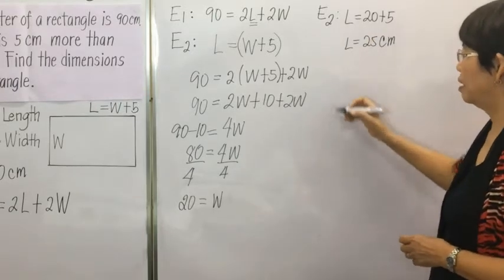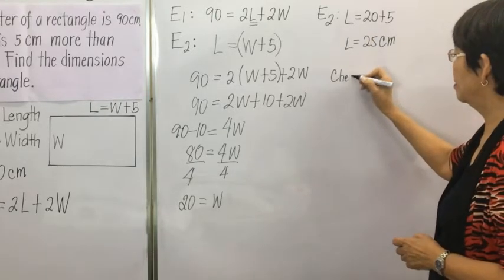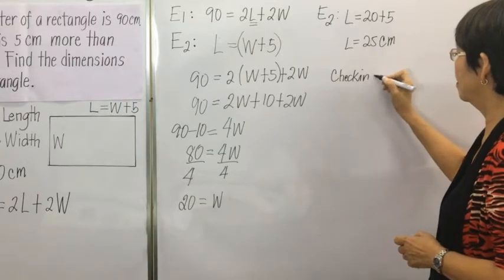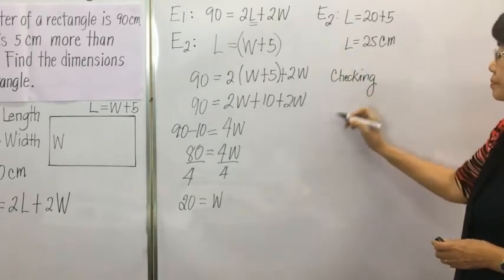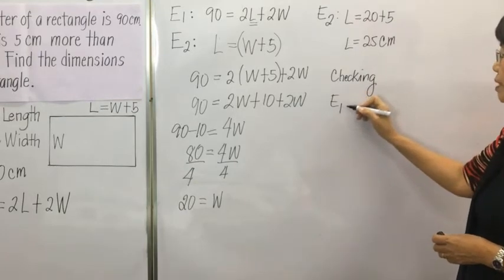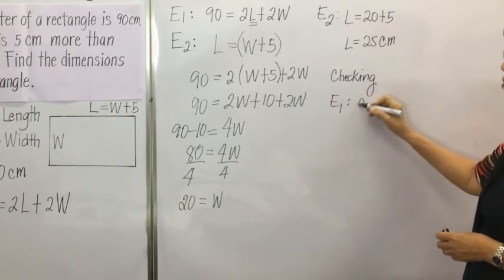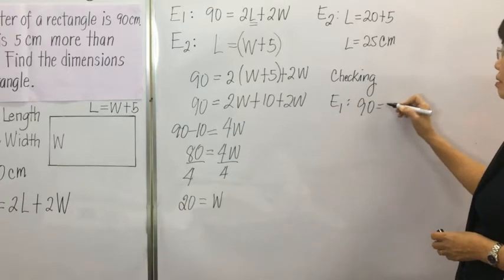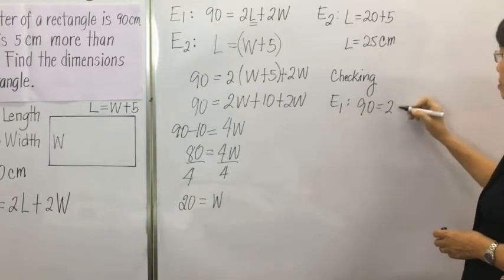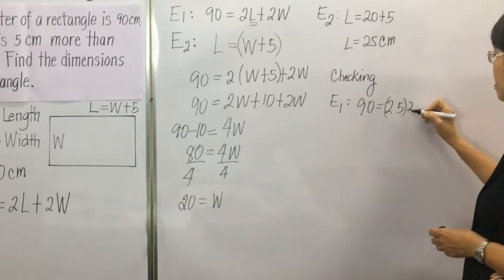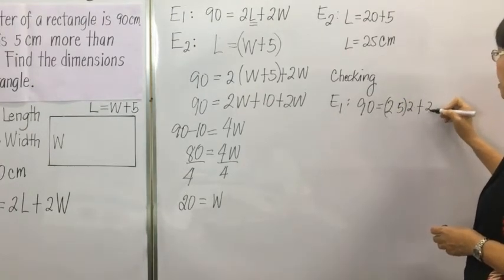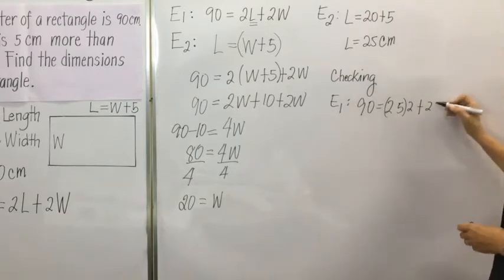And checking, we will be using equation 1. Equation 1, so 90 equals 2L, 25 times 2, plus 2W.